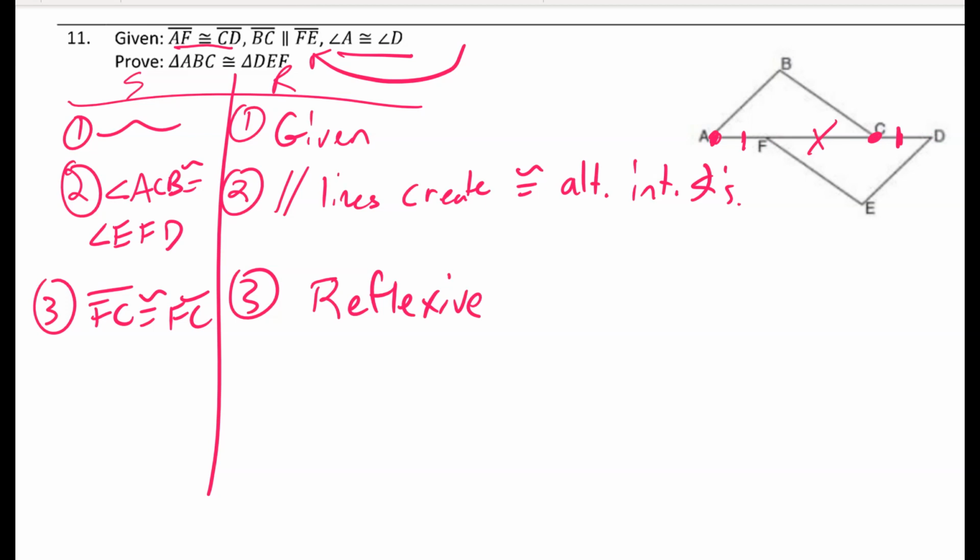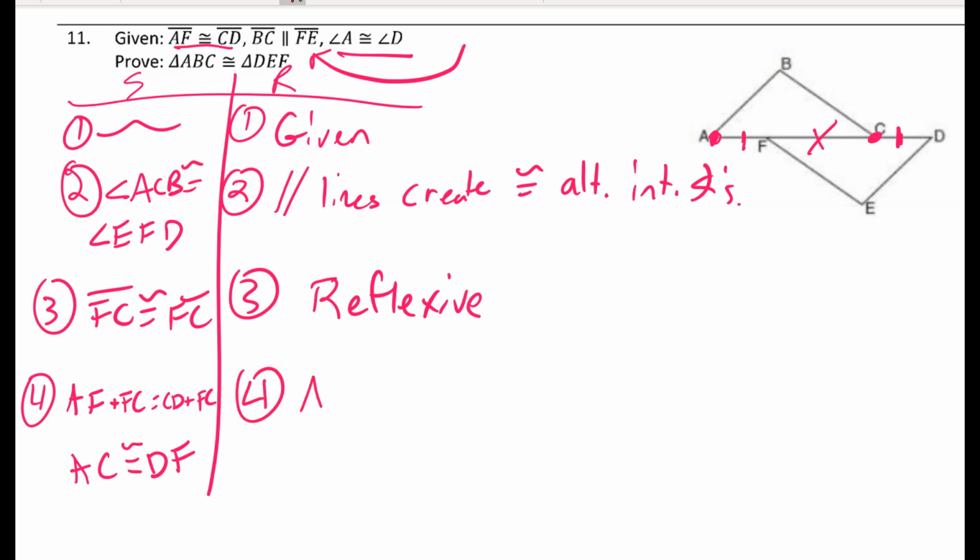If I take AF and add FC, that should be the same as CD plus FC, because those are both sums of congruent parts. AF plus FC is just side AC, and CD plus FC is side DF. So that is enough to state that AC is congruent to DF by an addition property.